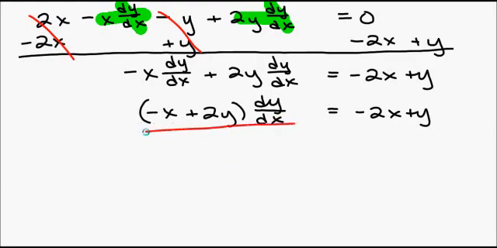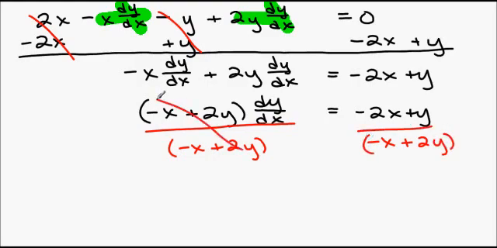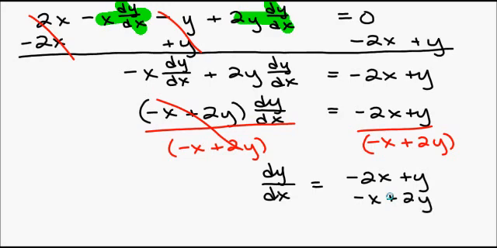To get this by itself, I need to divide by negative x plus 2y, both sides. Gone. So we have dy/dx equals negative 2x plus y over negative x plus 2y.